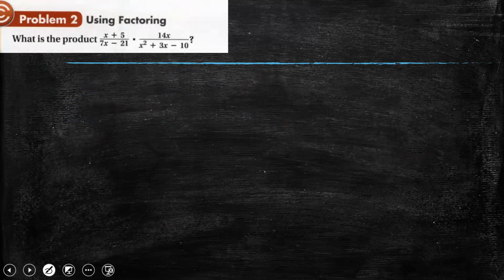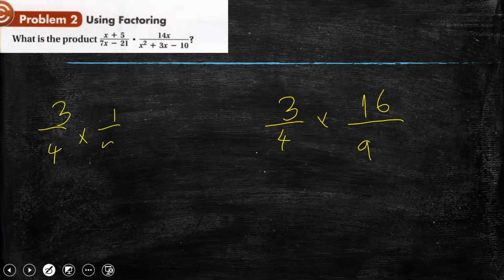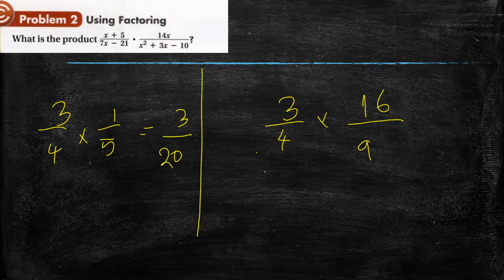Like I did before, if you have 3 over 4 times 16 over 9, the first step is to look at it. If you have 3 over 4 and 1 over 5, you will say, teacher, I cannot simplify, so I just multiply the numerators and the denominators. But in the second numerical fraction, I can factorize and simplify the numbers. 16 is 4 times 4 and 9 is 3 times 3.